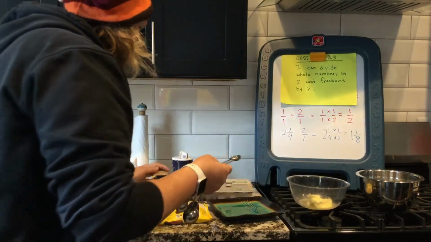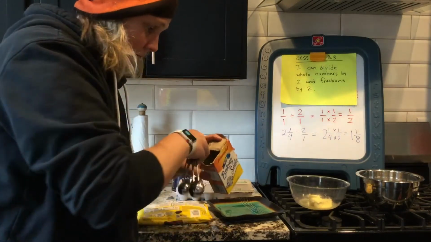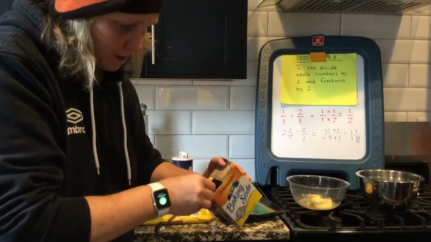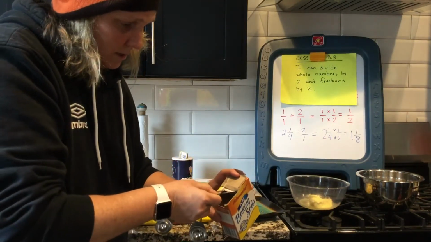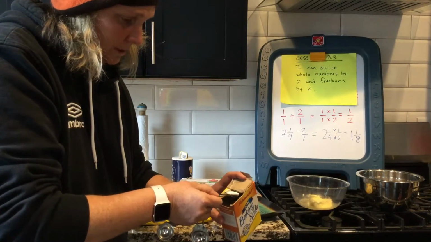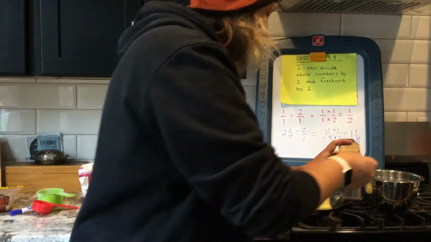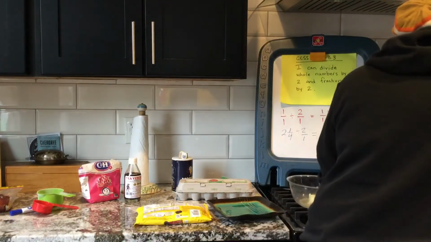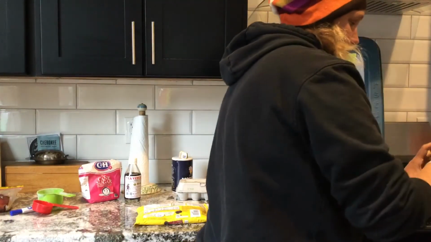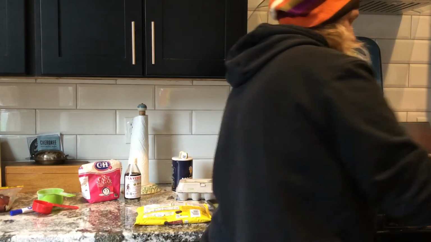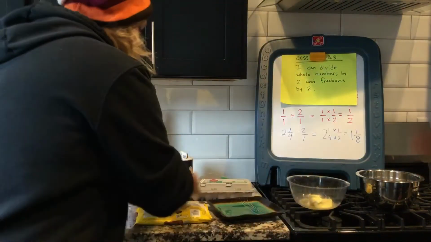All right, and then baking soda. Again, we need a whole teaspoon of baking soda, and we want to split that in half, so 2 halves equal a whole. And here is half, and here is half. 1 whole, 2 halves. All right.